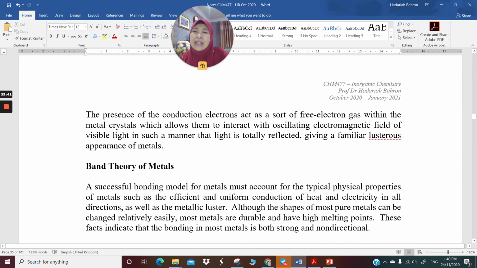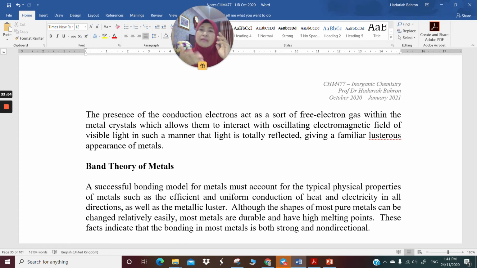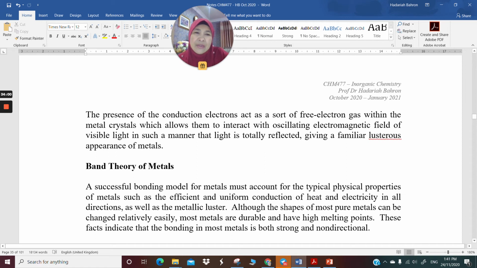Now, the presence of conduction electrons acts as a sort of free electron gas. It's like floating electrons, like a gas around us. In real life, we have gases, oxygen, nitrogen, carbon dioxide floating around us. So in metal, you can imagine those electrons are like a free electron gas within the metal crystal, which allows them to interact with the oscillating electromagnetic field of visible light in such a manner that the light is totally reflected, giving the familiar lustrous appearance of metal.